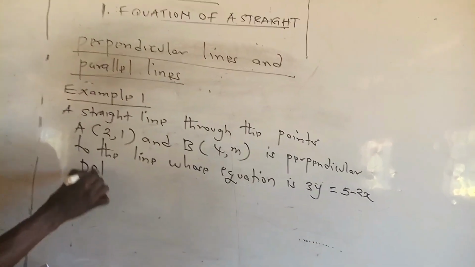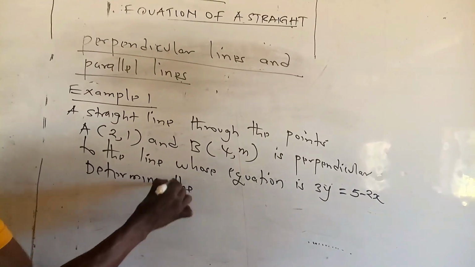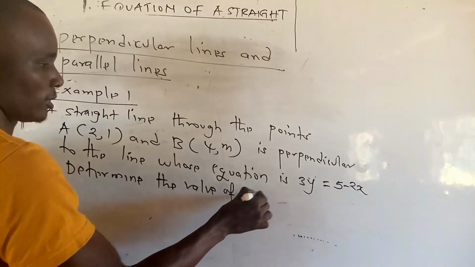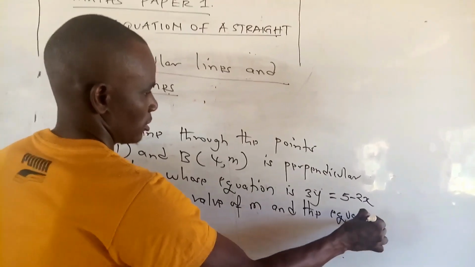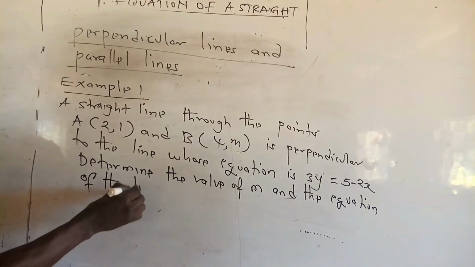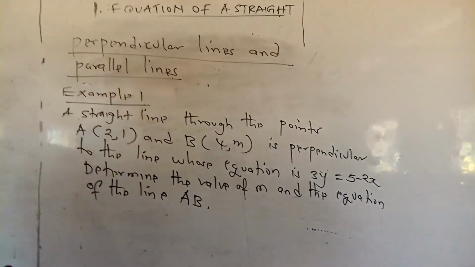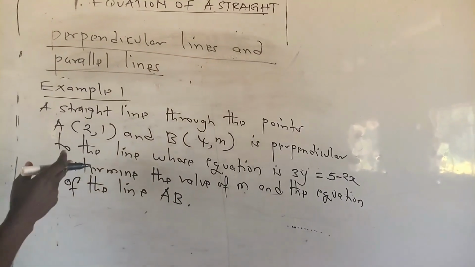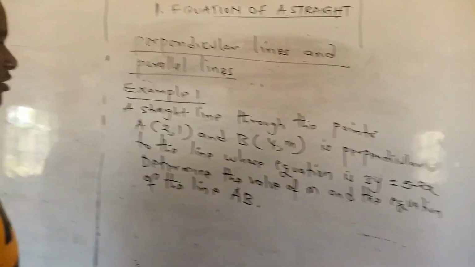Determine the value of m and the equation of the line AB. So we have a straight line passing through points A and B, and at the same time it is perpendicular to the line whose equation is 3y is equal to 5 minus 2x.